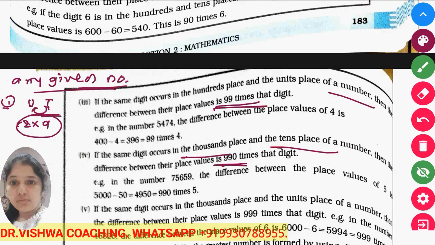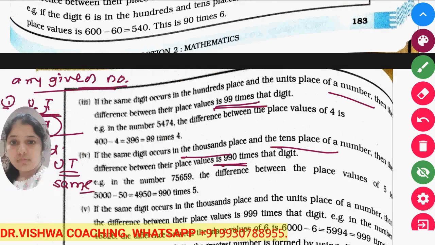This is one thing we learn. Now, if the digit at unit and tens place is the same, the difference in their place value is 9 times the digit. Whichever common digit is there in unit and tens place, the difference between the place values is 9 times the digit.